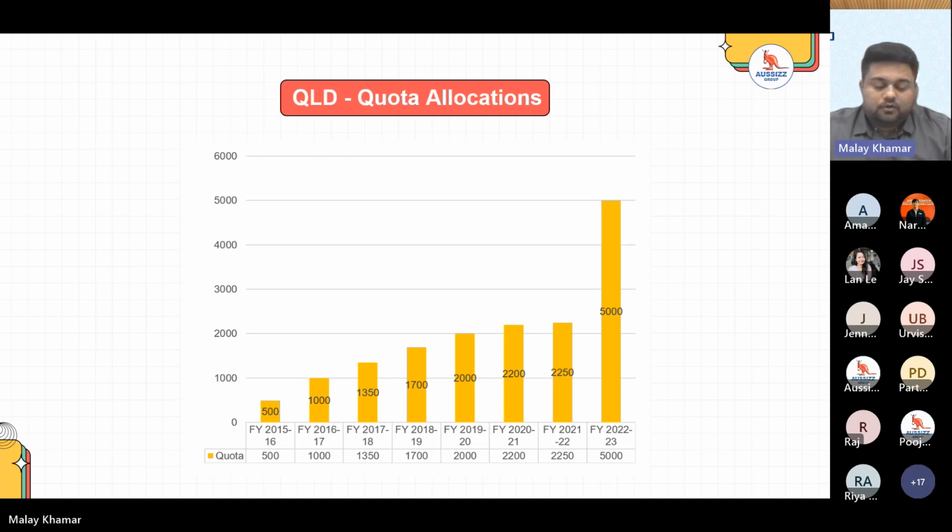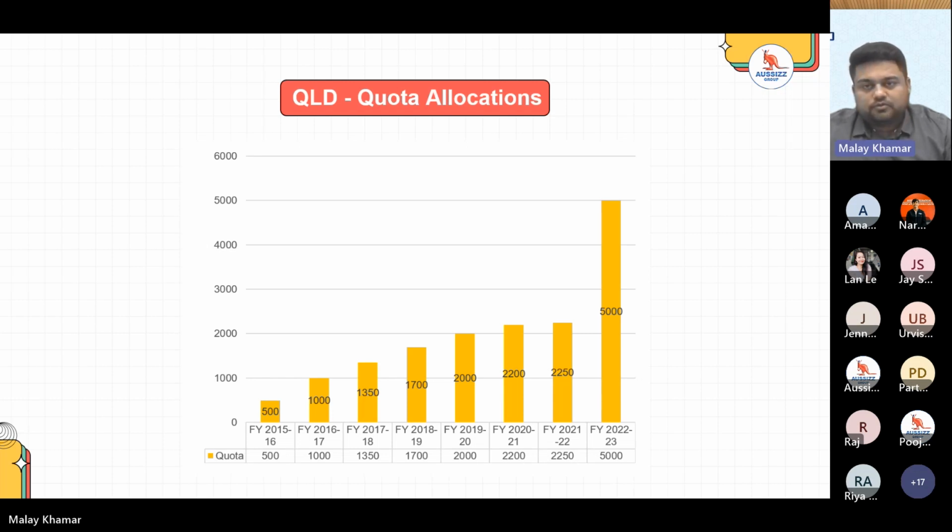And tomorrow is the last day of this financial year. So I expect the 500 quota will be wasted for Queensland. They haven't found 500 applicants for the subclass 190 visa. So it means there is a huge demand for applicants who are living in Queensland, with a higher number of quota compared to the number of people.